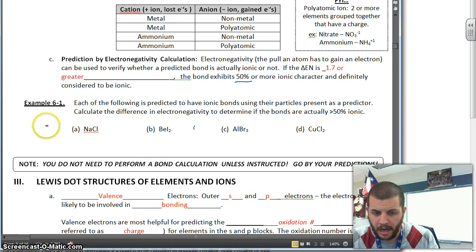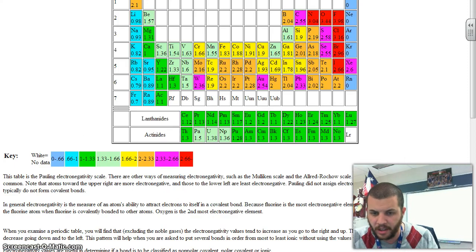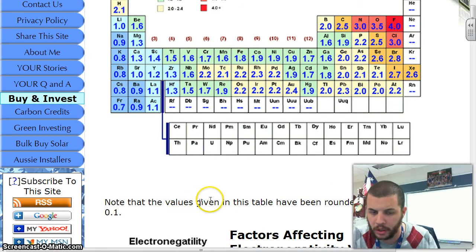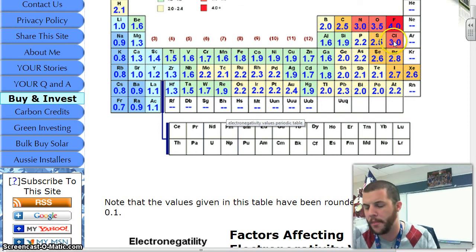We're going to take a look in just a moment at that periodic table. Let's take a look at this chart. If we want to look at the electronegativity values for sodium chloride, sodium has an electronegativity value of 0.9, and chlorine has an electronegativity value of 3.0.